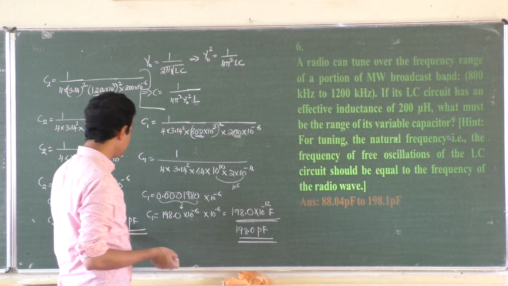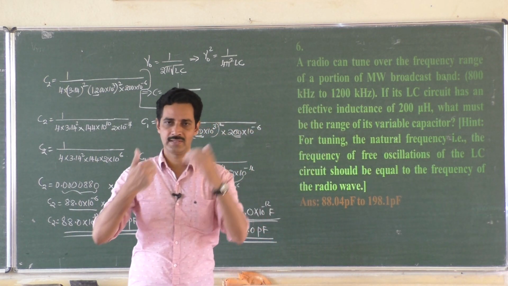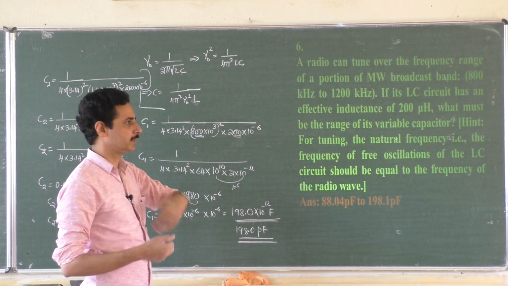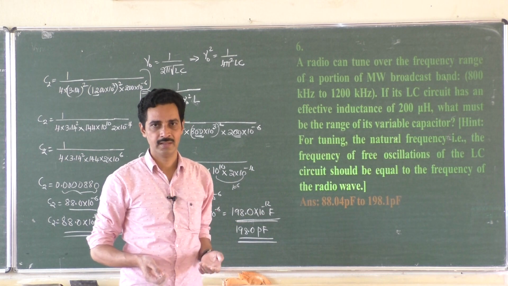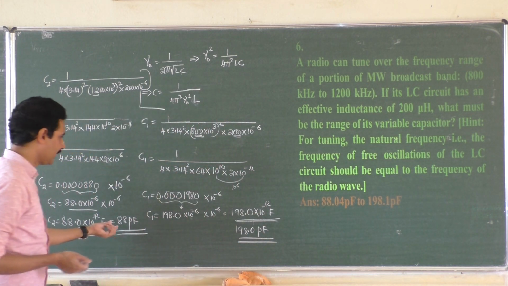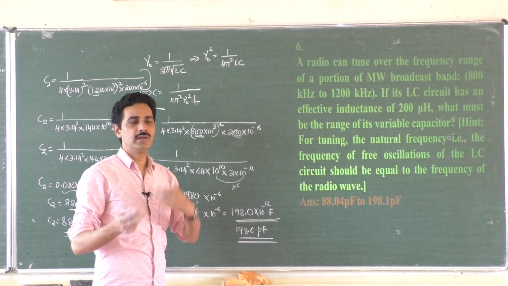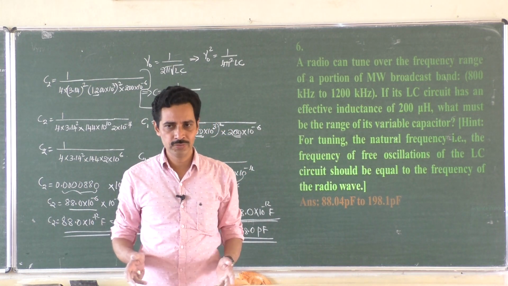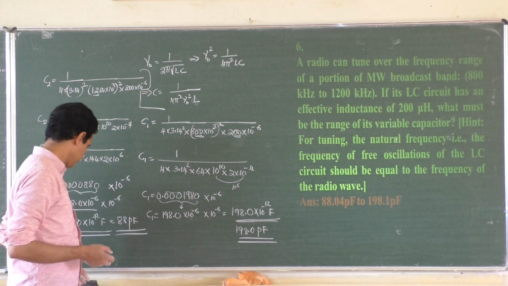When it is 88 picofarad, you will get 1200 kilohertz resonant frequency received. When it is 198 picofarad, you must be able to receive the 800 kilohertz resonant frequency. In between, when the capacitance is somewhat like 100, 120, 150 picofarad, you will receive different frequencies between this range. So that radio can be used to receive different frequencies. That is the meaning of the problem.